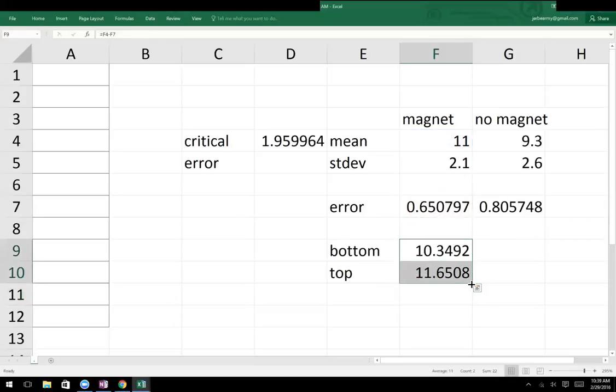And the great thing about Excel is we're doing the same thing for both of them. You just copy it over. So we are 95% sure. For those who didn't get the magnet treatment, their pain was somewhere between 8.5 and 10.1. The ones that did get the treatment, the pain was somewhere between 10.3 and 11.6.